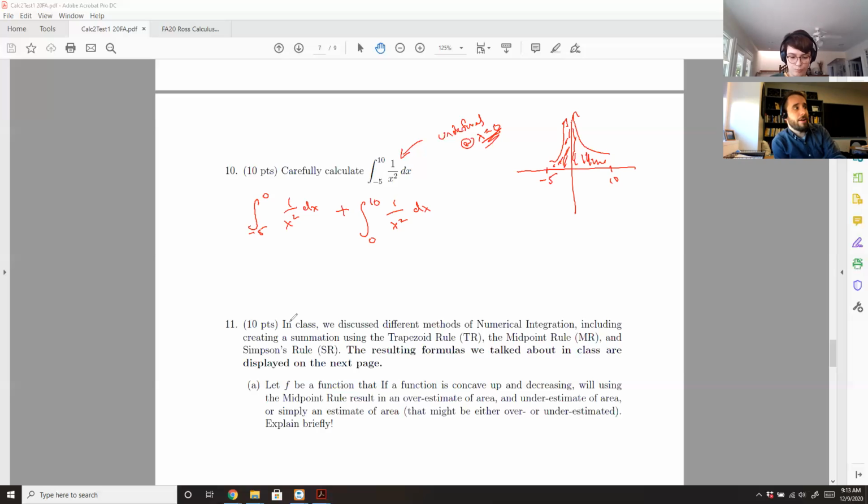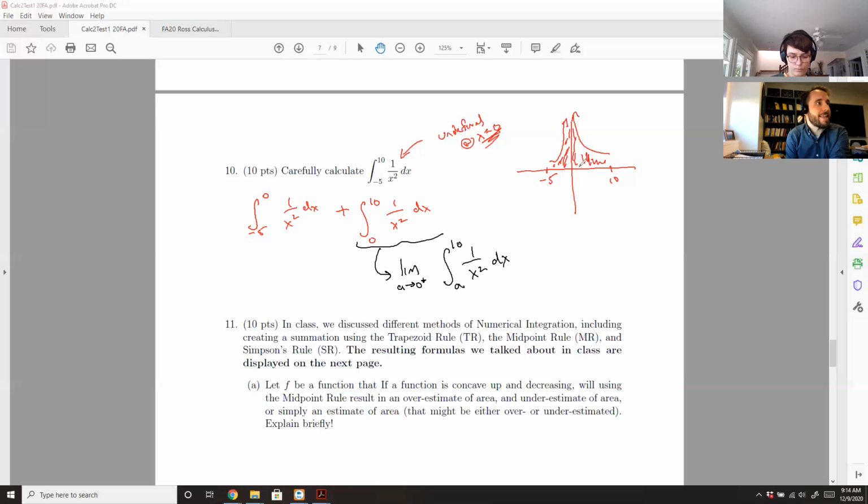Let's take one of these integrals. Let's do the second one. It doesn't actually matter, but let's go ahead and do the second one. Because this is a problem at 0, we'd have to calculate a limit as a goes to 0 from the right-hand side, from the positive side, of the integral from a to 10 of 1 over x squared.